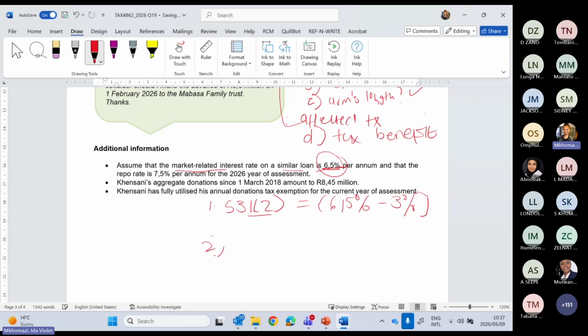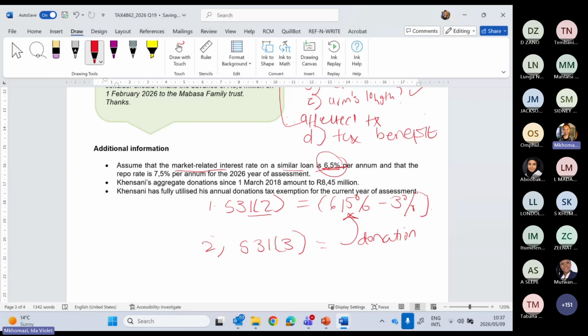The second implication is the Section 31(3) adjustment, the secondary transfer pricing adjustment. It says to take that difference and treat it as a donation, because you are dealing with an individual. If you were dealing with a company, then you would treat it as a dividend.